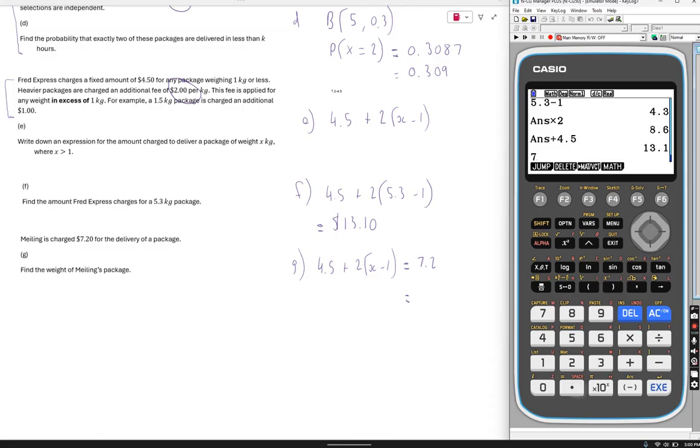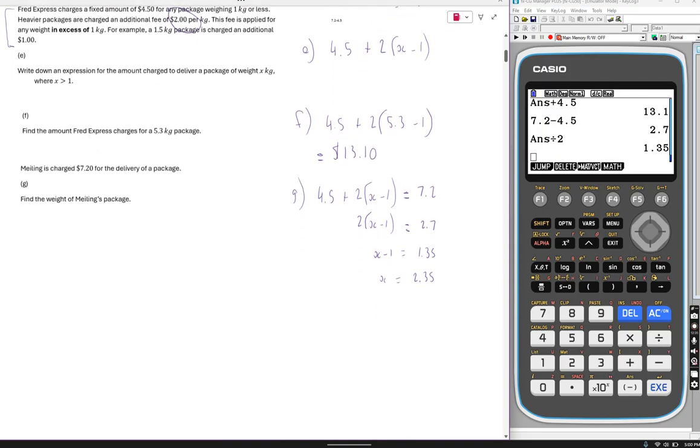So I'm going to do 7.2 minus $4.50. So 2 outside of X minus 1 equals 2.7. Divide that by 2 is 1.35. X minus 1 is 1.35. Add 1 to that to get X by itself. So 2.35.